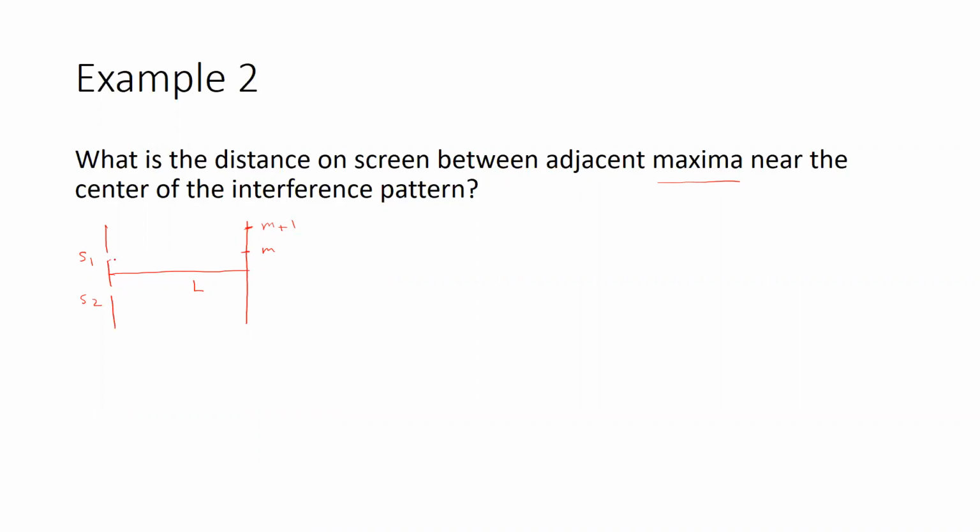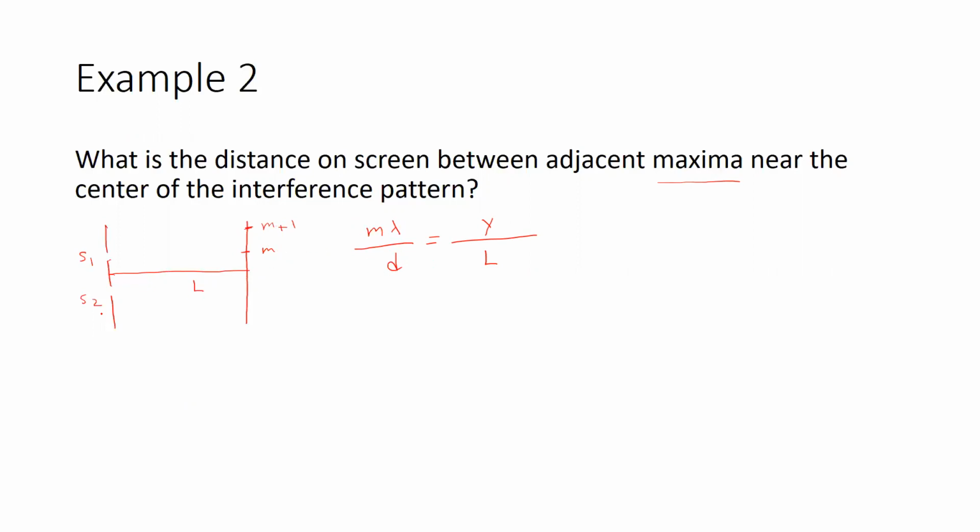If you remember, we had a formula for finding maxima from last video. It was M lambda divided by D equals Y divided by L. M is the order, M lambda or M plus 1 lambda. Lambda is the wavelength of the light.